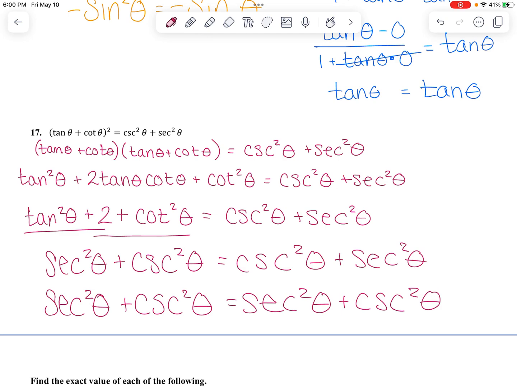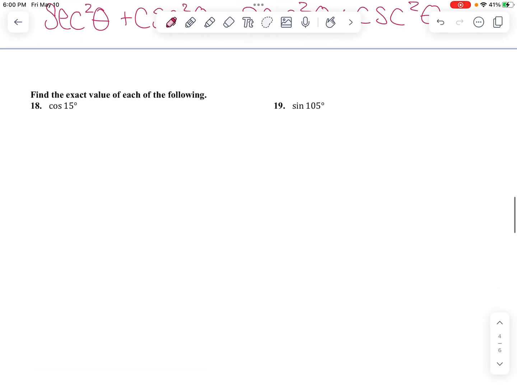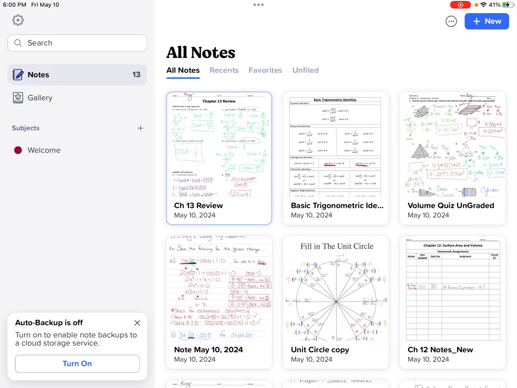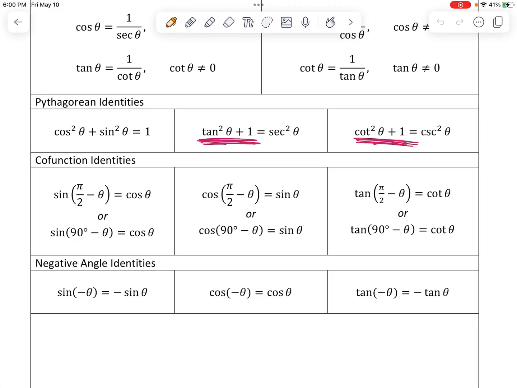Okay. Now we're shifting away from verify and simplify to finding the exact value. Keep in mind there's multiple ways to do many of these. I'm going to do it what I think is the easiest way. Cosine of 15 degrees is cosine of 45 minus 30 degrees. And I'm going to use a difference of cosine identity.